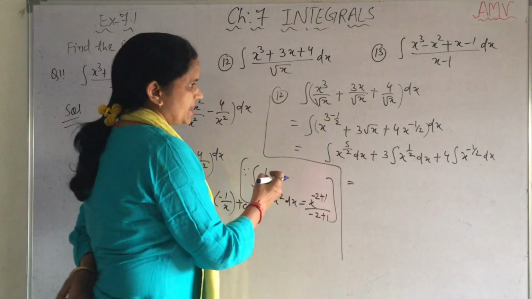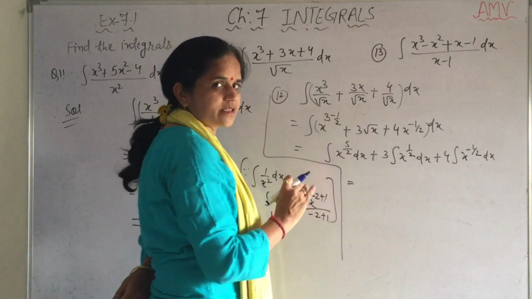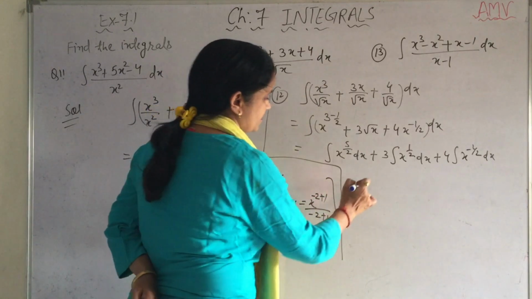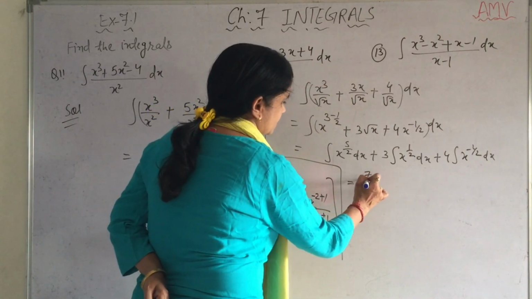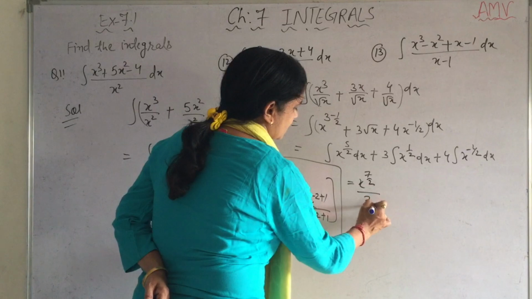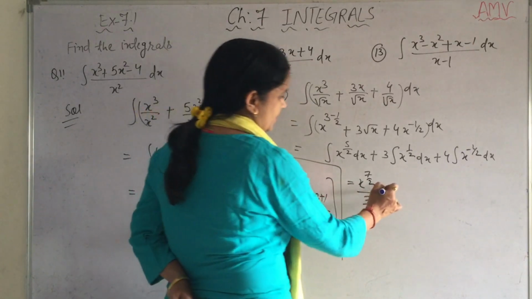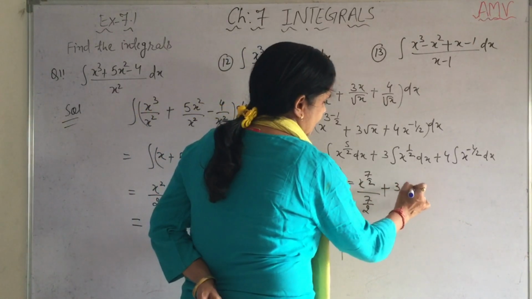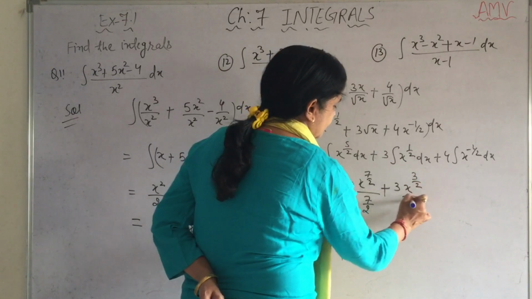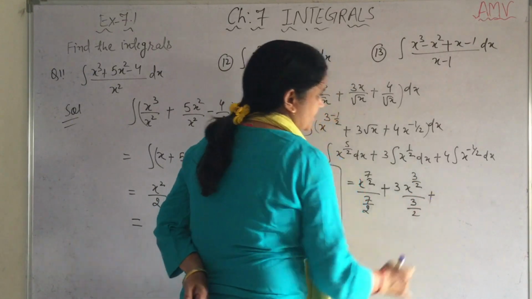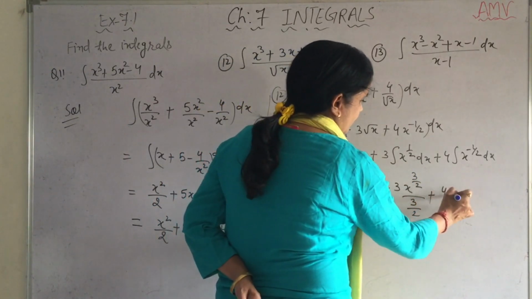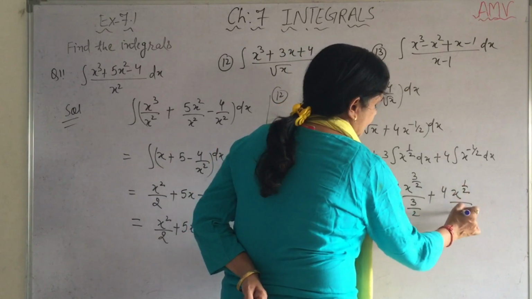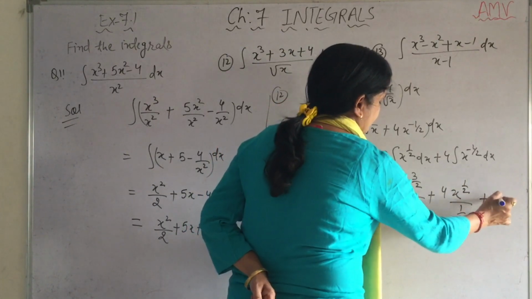Now apply the formula x raised n is equal to x raised n plus 1 by n plus 1. You will get here 7 by 2 in the denominator, x raised 7 by 2, plus 3, x raised 3 by 2 and it is also 3 by 2. Now here 4, x raised 1 by 2 and here it is 1 by 2, then plus c.